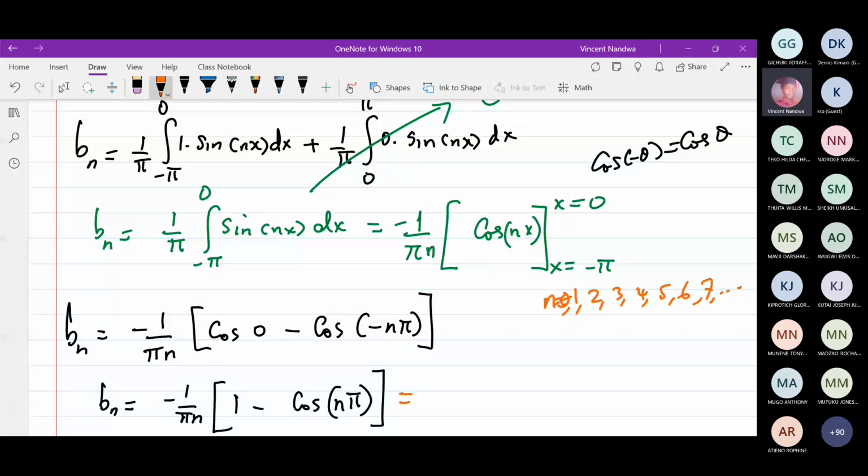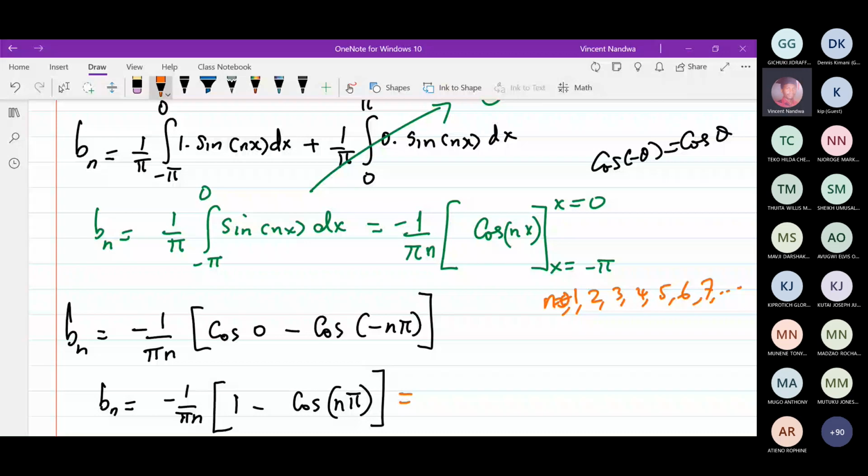So we write this as negative 1 over pi n into 1 minus (-1) power n. Because all of us know that -1 power n will give us 2 answers depending on the value of n, whether it is even or odd, which is what you are getting with a few examples of n.